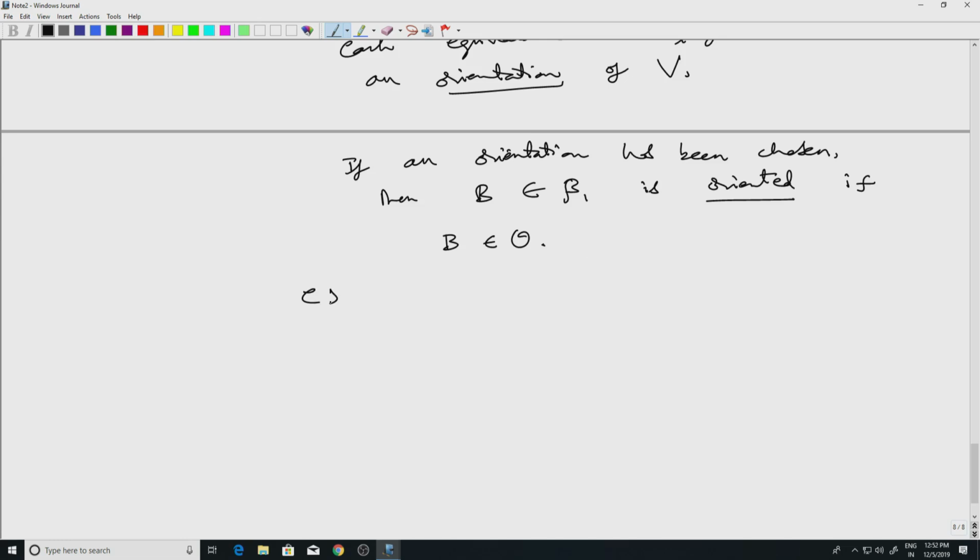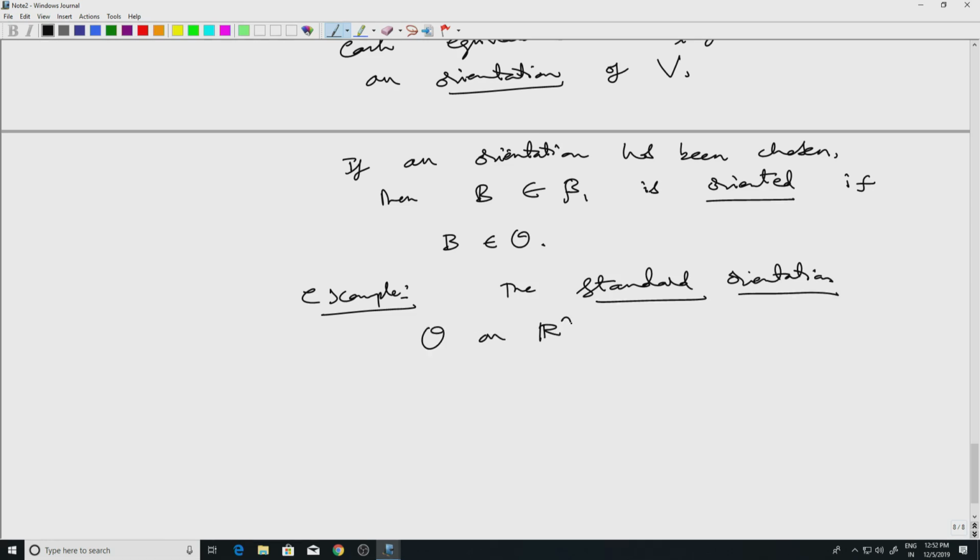The simplest example to keep in mind is the standard orientation O on Rn, which is the equivalence class containing the standard basis E1, E2, up to En.